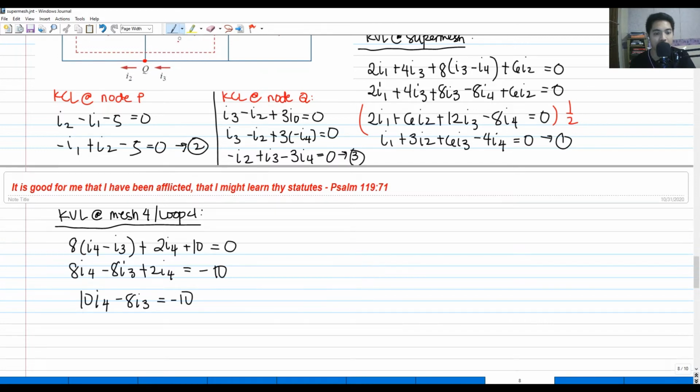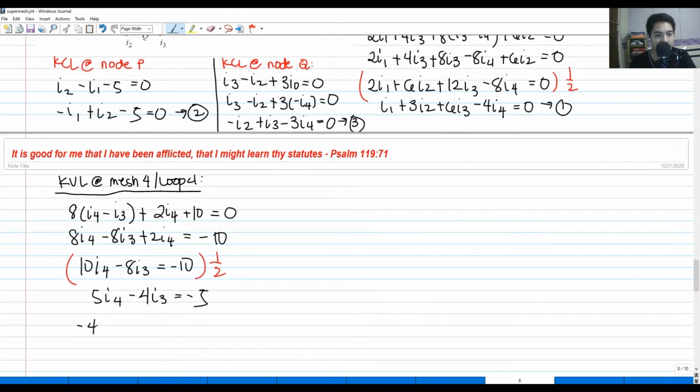If we divide this by 2, we simplify it, and it's always good to simplify. So we have 5 I sub 4 minus 4 I sub 3 equals negative 5. Rearranging, negative 4 I sub 3 plus 5 I sub 4 equals negative 5, and this would be our fourth equation.